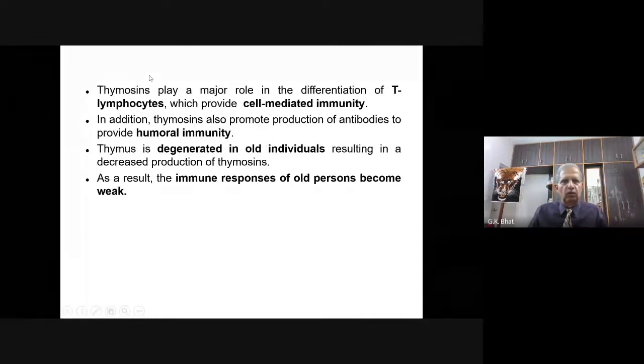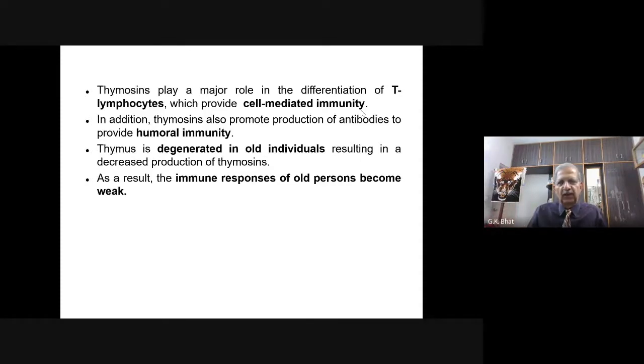Thymosin hormones play a major role in the differentiation of T lymphocytes, which provide cell-mediated immunity. There are two types of immunity: cell-mediated immunity and antibody-mediated immunity, which we are going to study in our 12th standard syllabus. Lymphocytes are of two types: T lymphocytes and B lymphocytes.